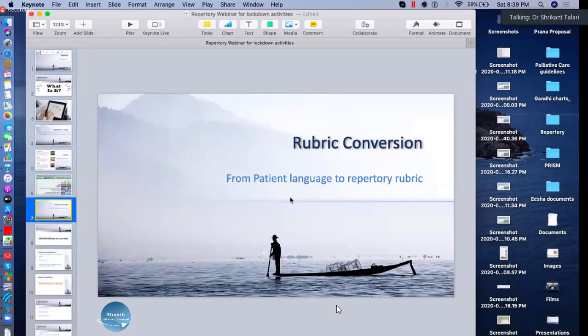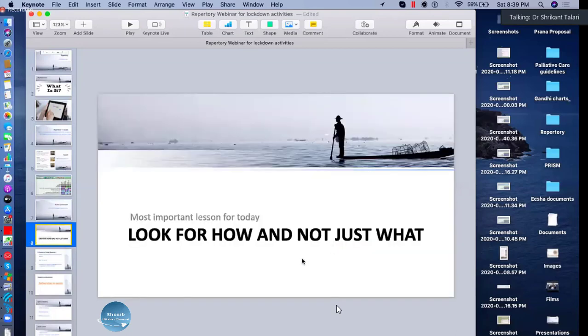What is the symptom and how is it? Both have to go hand in hand. If we do that, then that is the correct repertorization. So let us see how to do this from various case examples. The first important learning for today is look for how and not just what the patient is narrating.